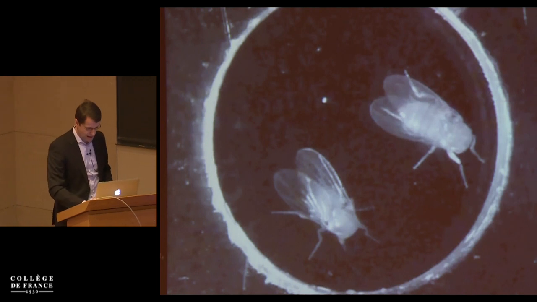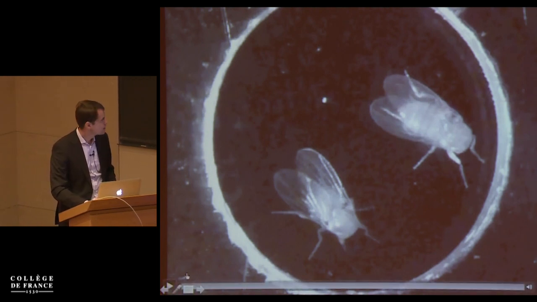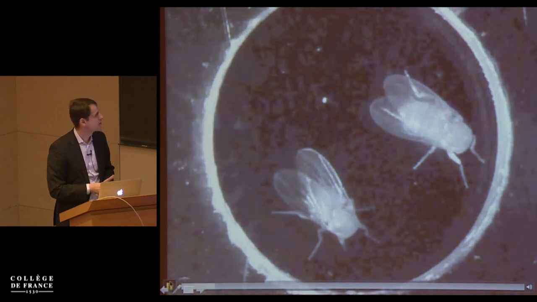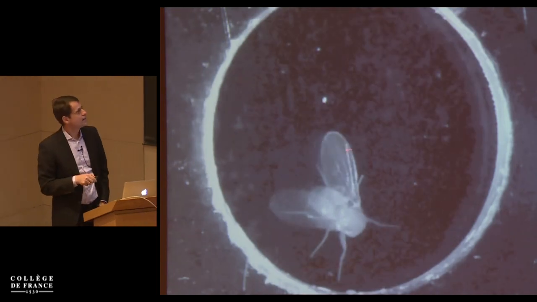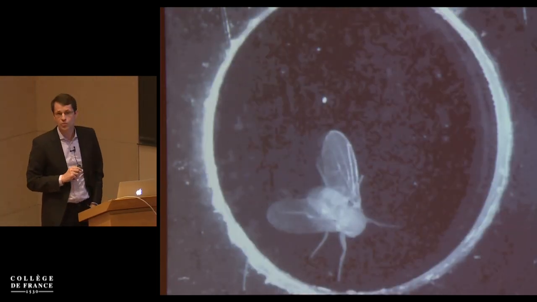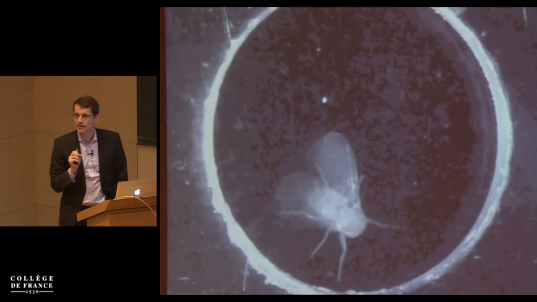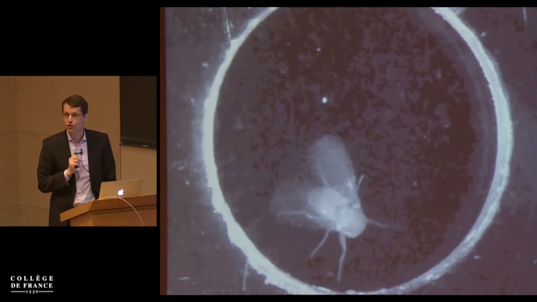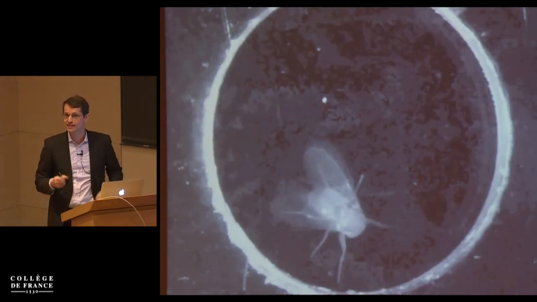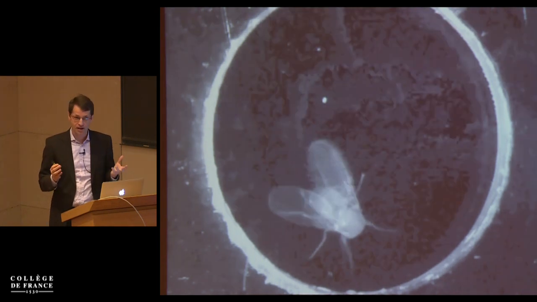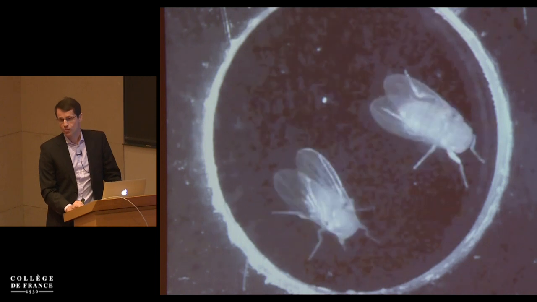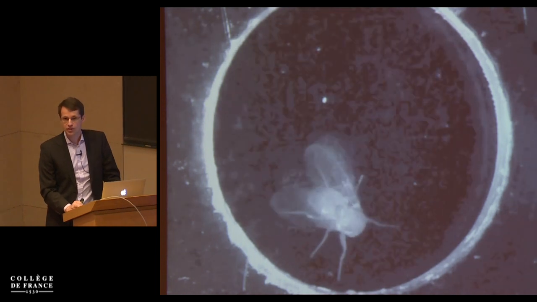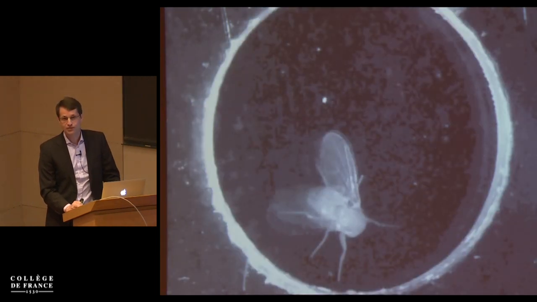So then he tried a second time, with flies that have no head. Here again, the fly goes away. You can be absolutely sure that this behavior was controlled by those neurons into which he inserted the optogenetic sensors.